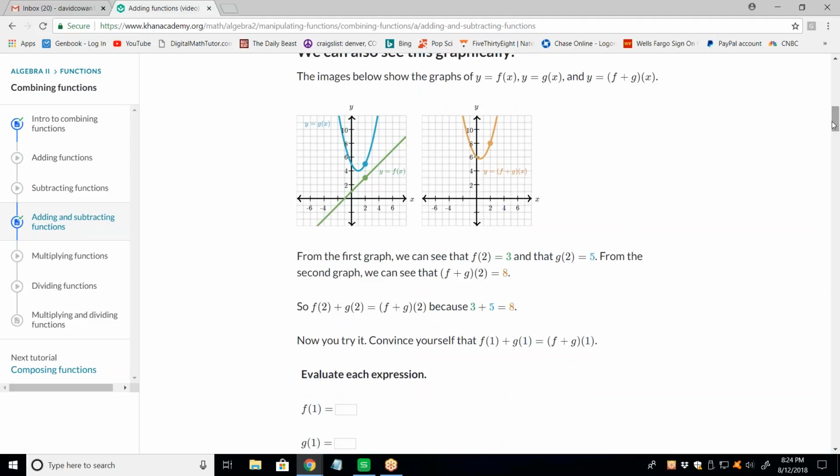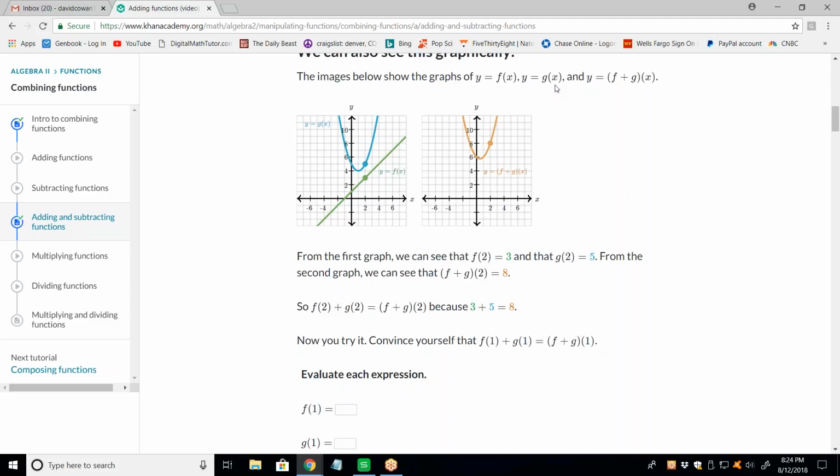All right. So here they're not going to give us the function. They're just going to tell us that y equals f of x, and they show us the graph of it. That's the green line.